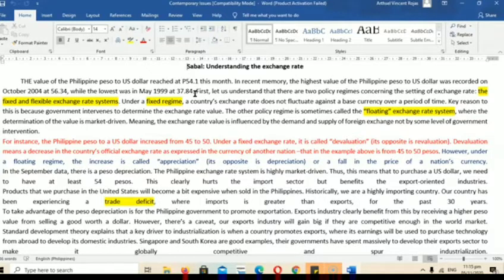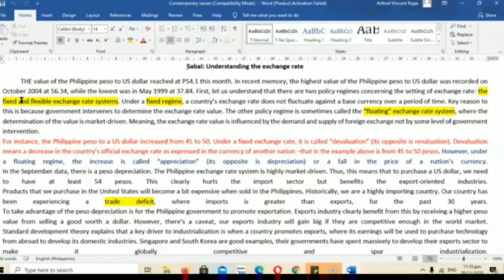Other terms used to refer to the fixed exchange rate system are the peg exchange rate system. So, what is the difference between the fixed or peg exchange rate and the floating exchange rate?